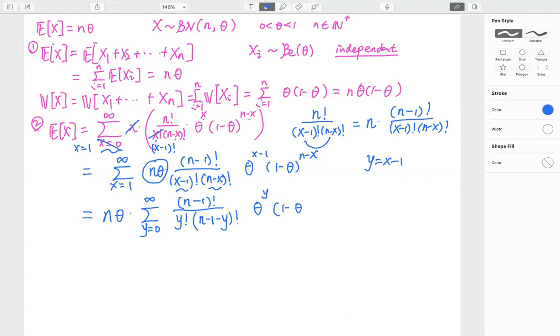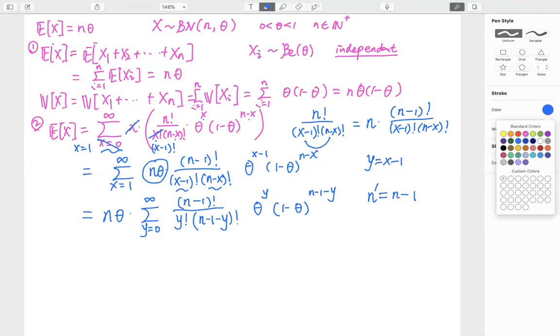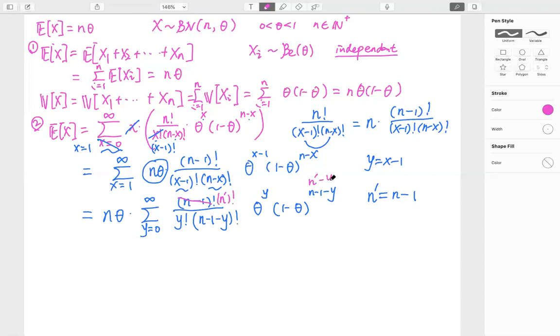Here's 1 minus theta to the power of n minus 1 minus y. So you think of n minus 1 as the new n. If you're still not convinced, let's use n prime to denote n minus 1. Then what I have is n prime factorial, and here is n prime minus y.